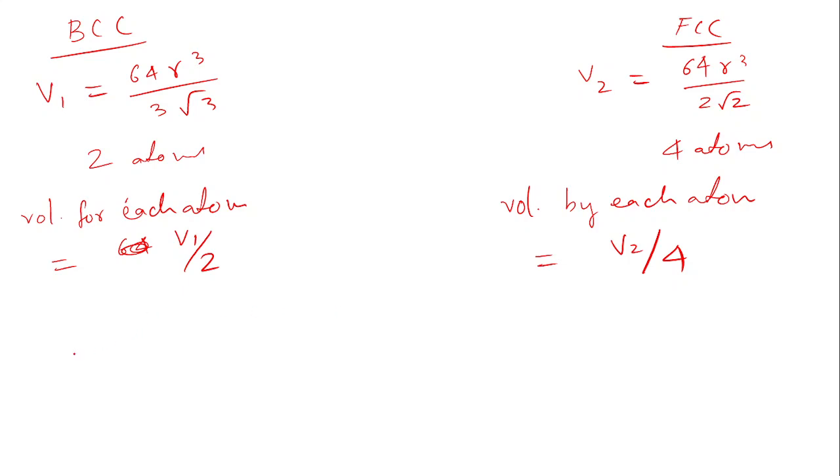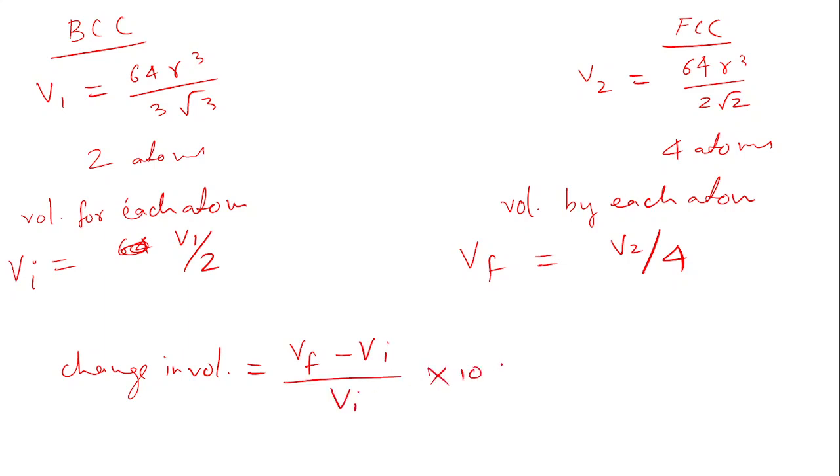Now when I want to find out the change in volume, let's call it initial and final, because the radius is the same but the volume occupied by an atom is changing in these two different structures. So the change in volume is final minus initial divided by initial, multiplied by 100.